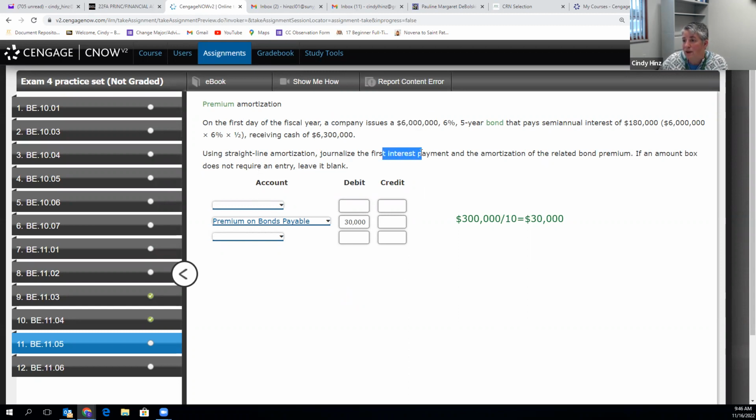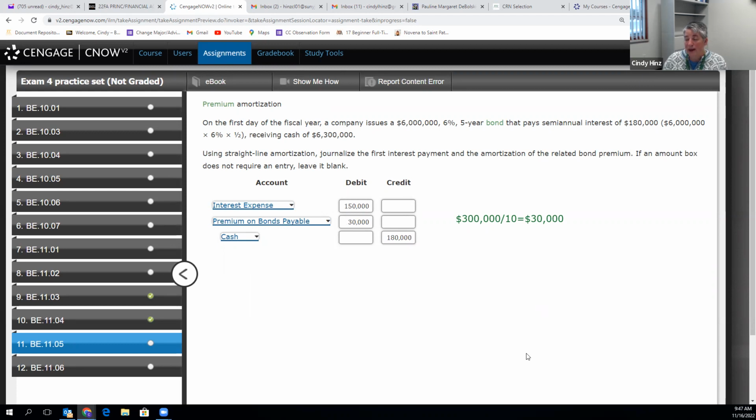This is the interest payment though. And again, this exercise says first interest payment, but since we're using the straight line fashion, every interest payment is going to look exactly the same, which is we credit cash for the amount we're actually paying. We amortize the premium or discount in a straight line fashion, and the interest expense that we report is whatever we need to make this entry balanced, that our debits and credits are equal. So exactly the opposite of what we saw in exercise 9.